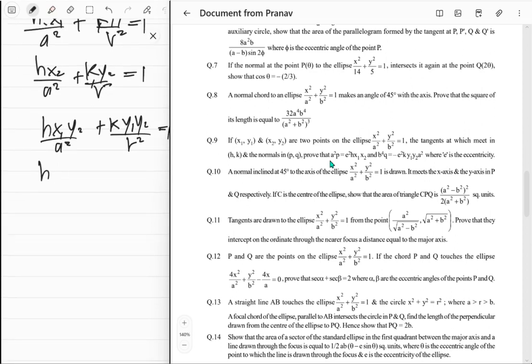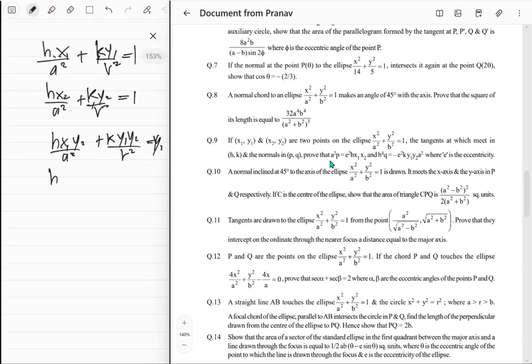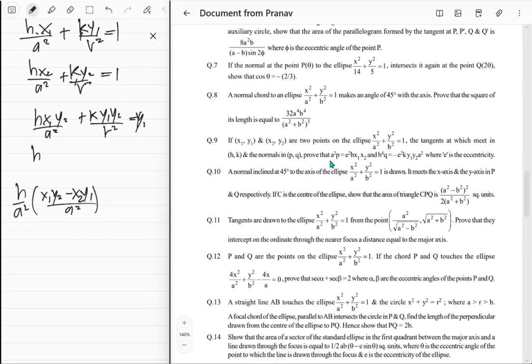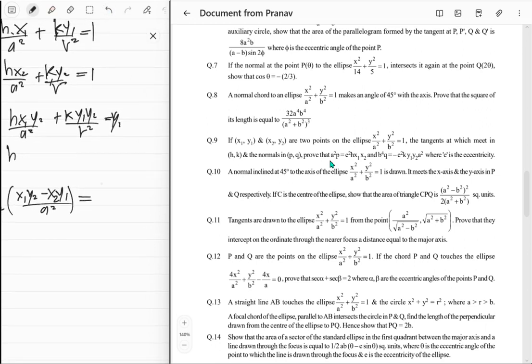In the end, what you want is h over a square times x1 y2 minus x2 y1 over a square. That has to be equal to y2 minus y1, right? Sorry, yeah, that's better. It's still just horrific, not helping at all.